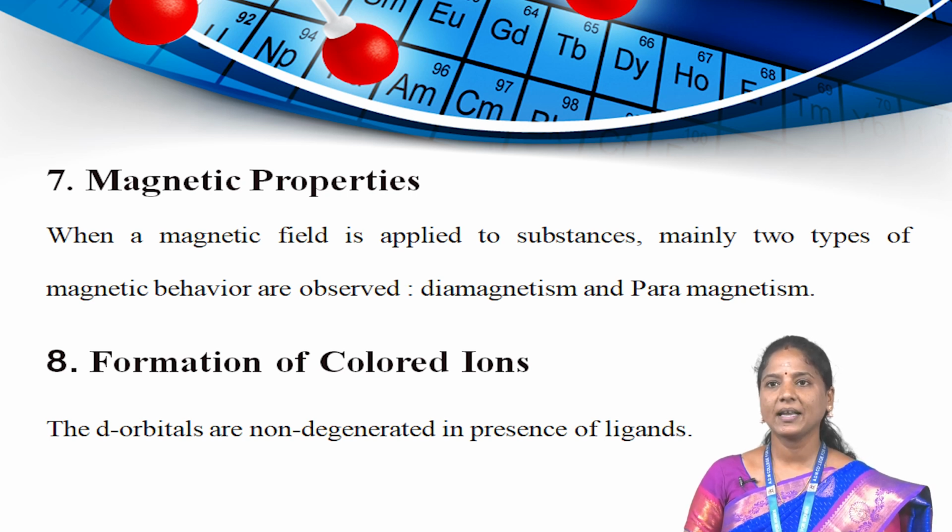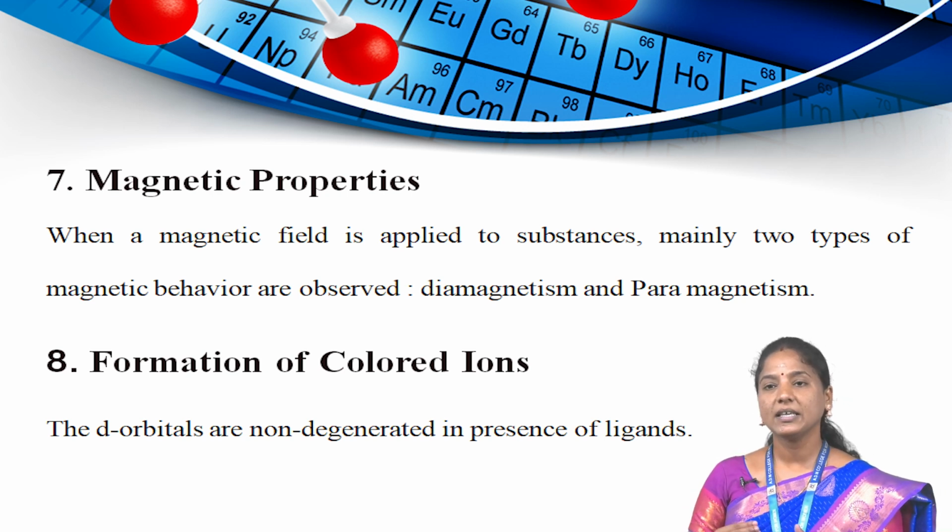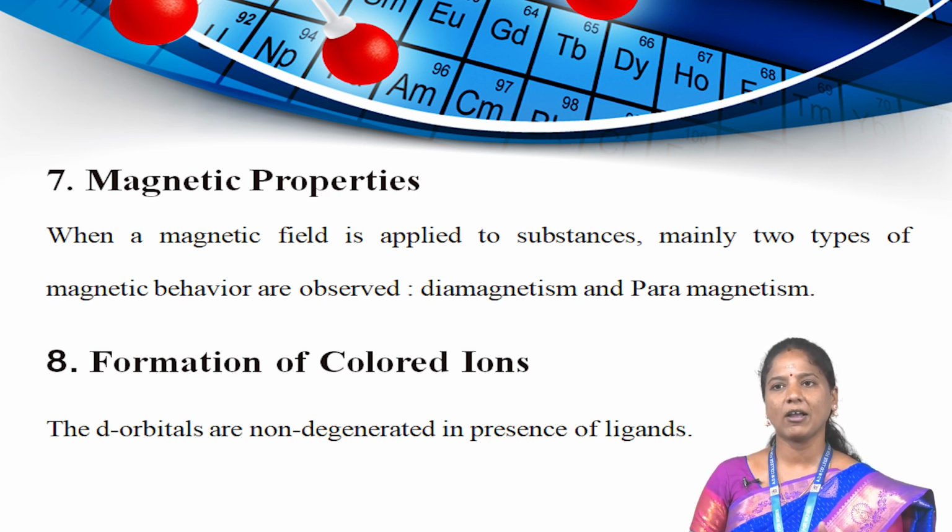Next one, seventh one, the magnetic properties. When a magnetic field is applied to a substance, mainly two types of magnetic behavior are observed: diamagnetism and paramagnetism. Paramagnetism is due to the presence of unpaired electrons. Each electron has a magnetic moment associated with its spin angular momentum.